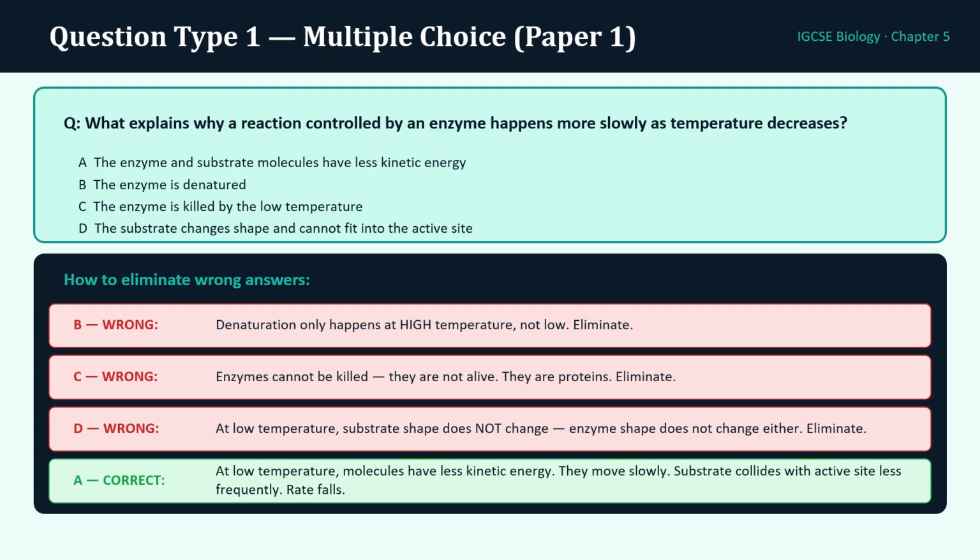They move slowly. Substrate collides with the active site less frequently. Fewer enzyme substrate complexes form per second and rate of reaction falls. Answer is A. Every time you see killed or denatured at low temperature in MCQ options, eliminate them immediately.